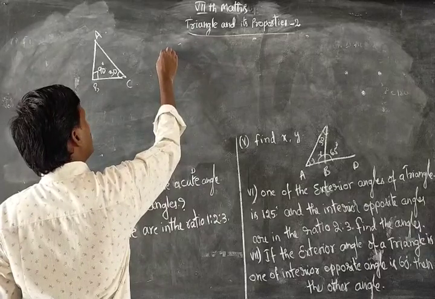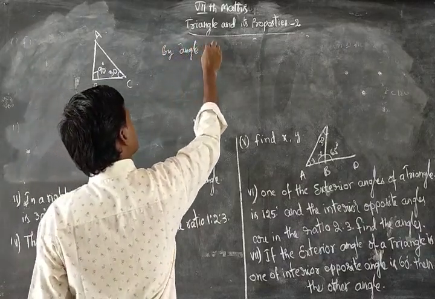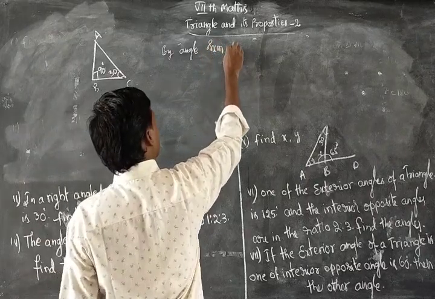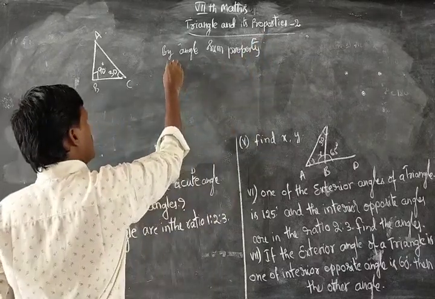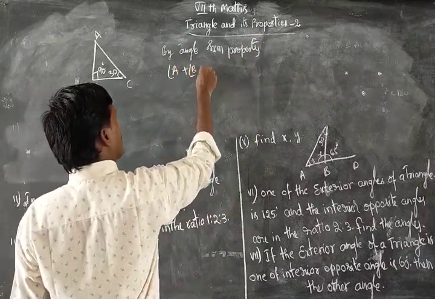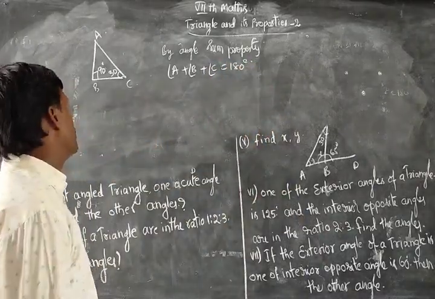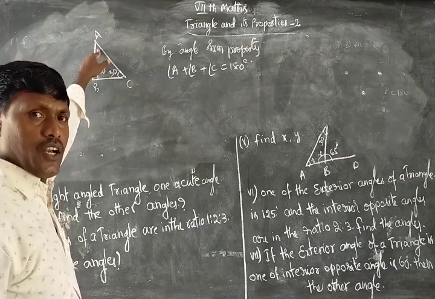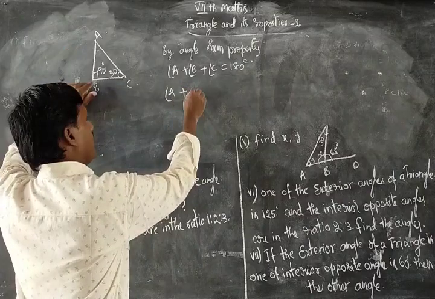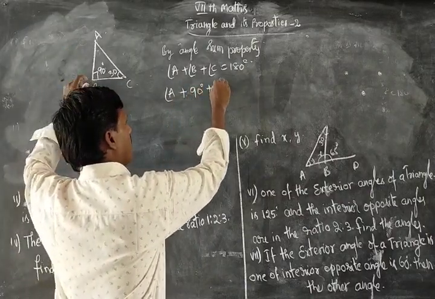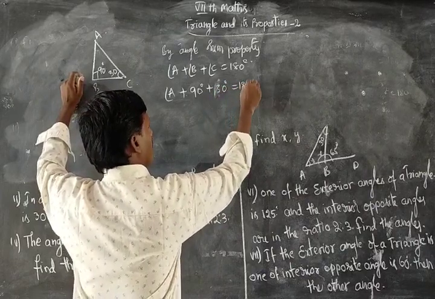By the angle sum property, angle A plus angle B plus angle C is equal to 180 degrees. We don't know angle A, so angle A plus angle B, 90 degrees, plus angle C, 30 degrees, is equal to 180 degrees.